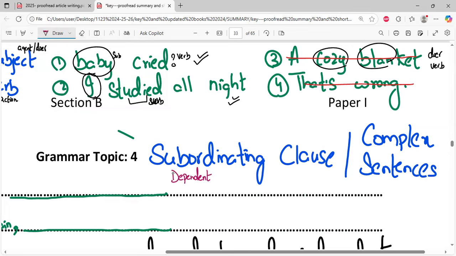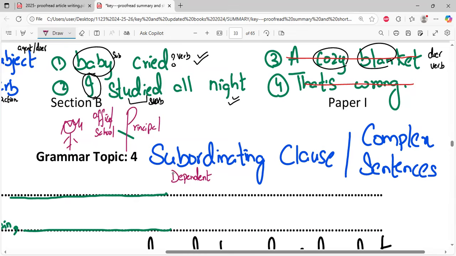Why do we call subordinating dependent? Are these two terms the same? Absolutely, these two terms are the same. How can these be the same? So if I am, this is me, and I'm working in an office, and let's say that office is a school, and the school obviously has a principal, the principal whom we follow.